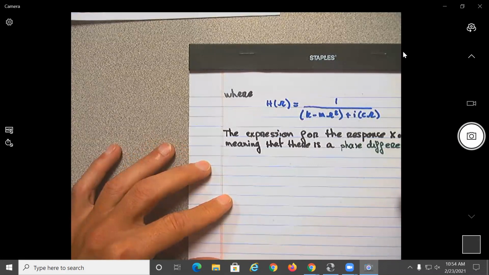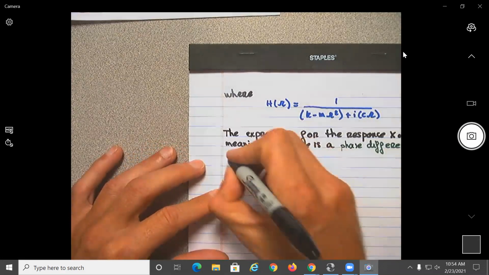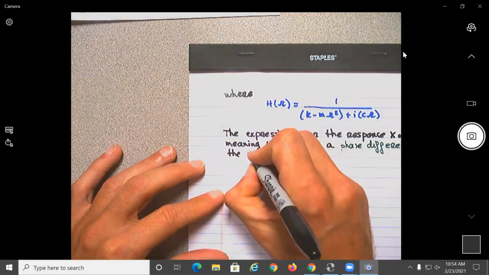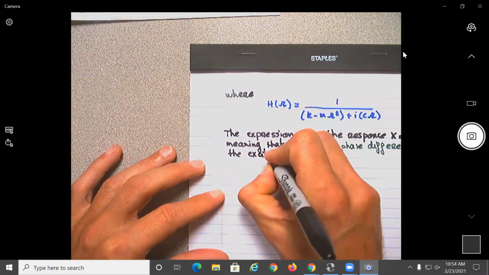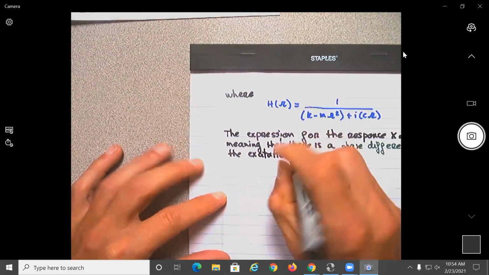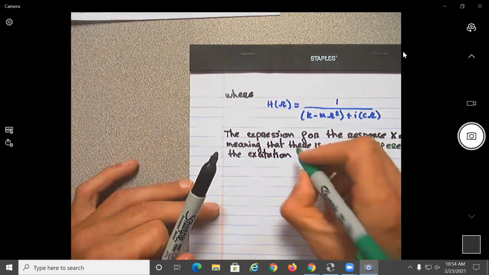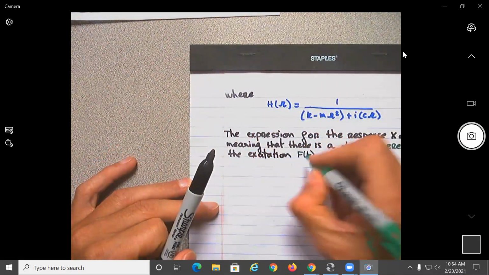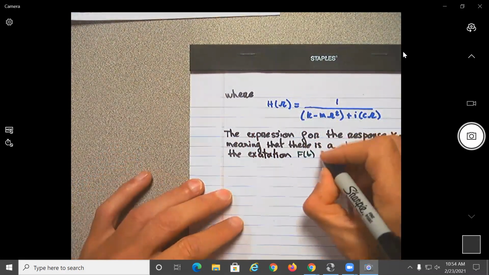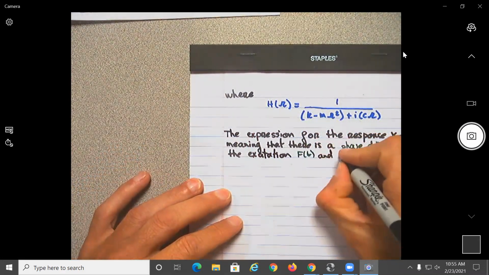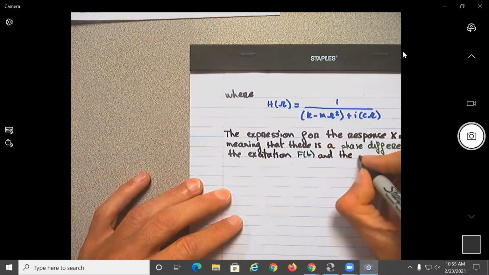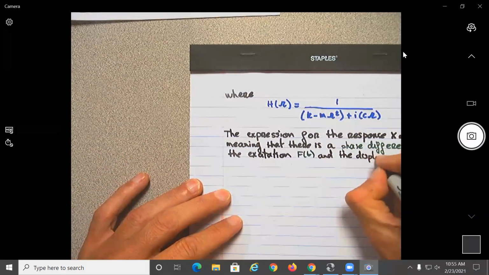So there is a lag in time between the excitation f of t and the displacement or response x of t.